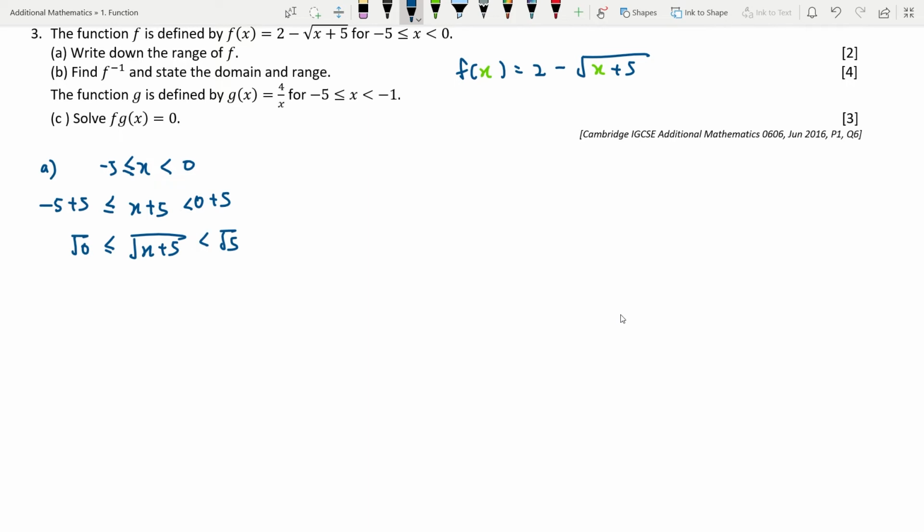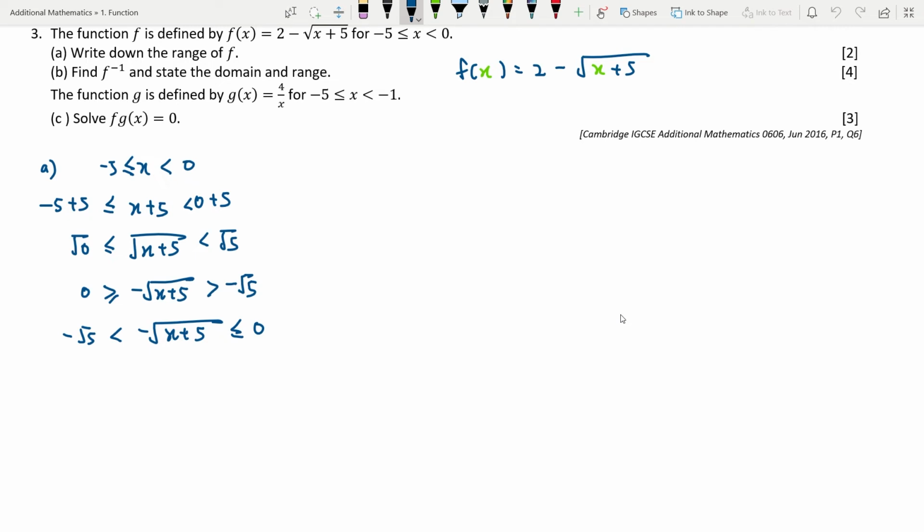If we multiply the whole thing with a negative, we will get 0 greater or equal to negative square root x plus 5 greater than negative square root 5. We rearrange the whole thing. We have negative square root 5 is less than negative square root x plus 5 less than or equal to 0.